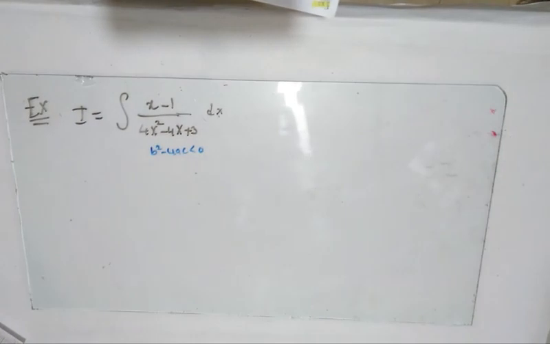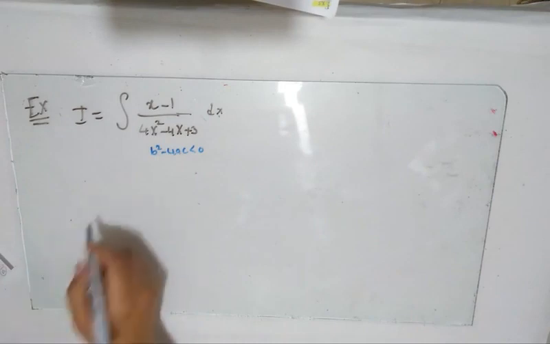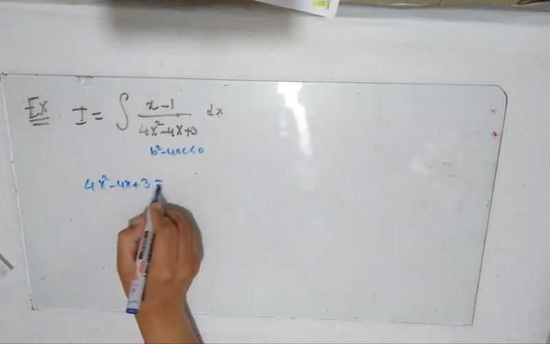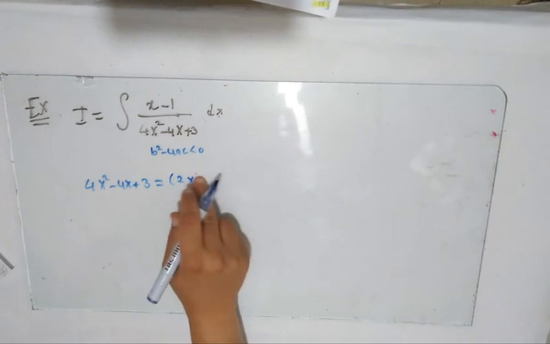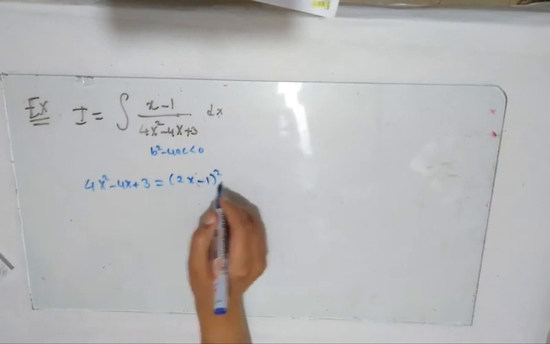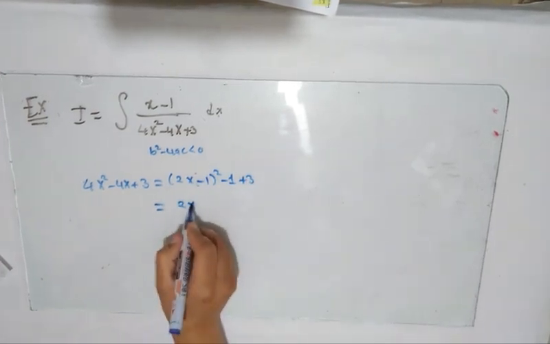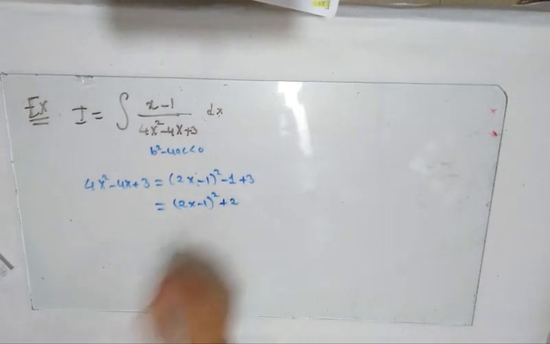So we cannot use the partial fraction method, and we want to integrate this rational function. We can use our usual trick, which is completing the square. So 4x squared minus 4x plus 3 can be written as (2x minus 1) whole squared minus 1 plus 3, which is (2x minus 1) whole squared plus 2.